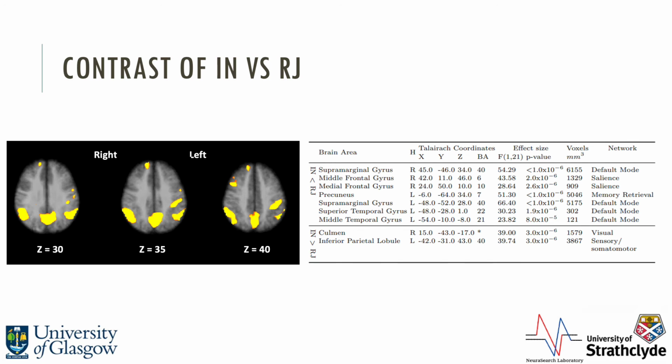In the contrast of IN versus RJ, the results show 7 of 9 clusters had higher activation for RJ over IN, while 2 clusters had higher activation for IN over RJ. In the clusters that had higher activation for RJ, we found 4 of the 7 clusters in the default mode network and 2 of them in the salience network and memory retrieval.